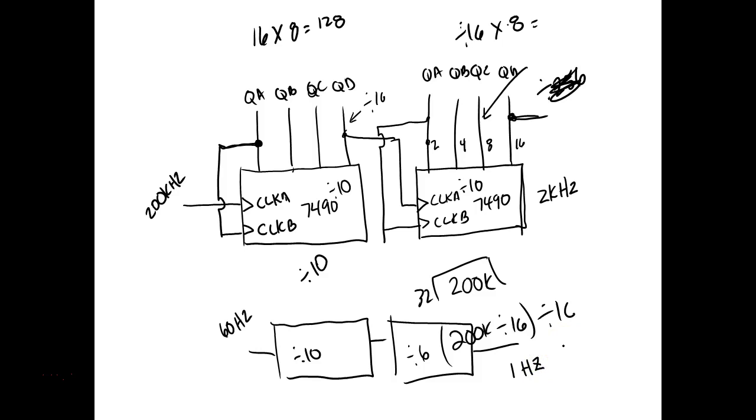I could feed that into some counters, and I could make a digital clock. So a lot of your digital clocks, this is all there is to it. They take Alabama Power, they convert it from analog over to digital with this little circuit right here. You did this in one of your first labs, right?